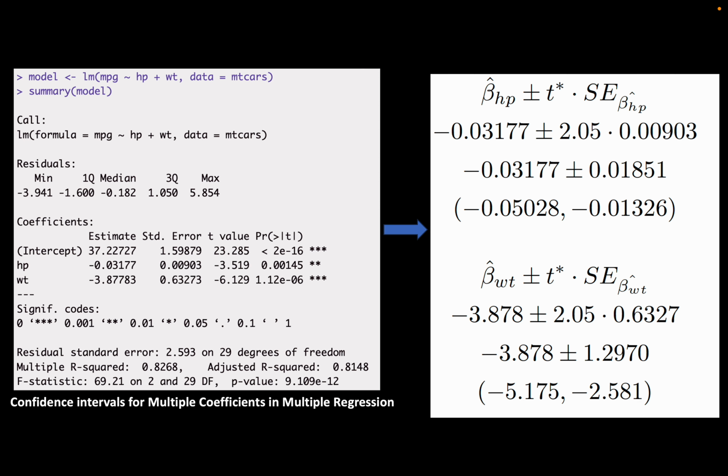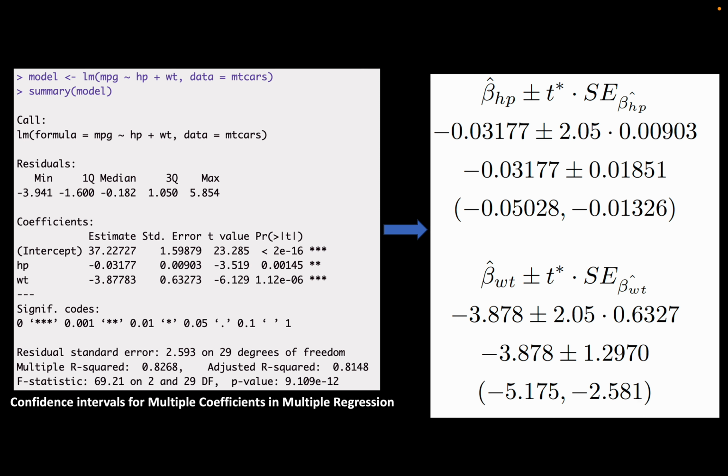Here we are computing the confidence intervals for coefficients in a multiple linear regression model for each of the horsepower and the weight attributes. We are computing the 95% confidence interval for each coefficient by adjusting the beta coefficient estimate by the product of the critical value, which is 2.05, and the standard error of each estimate.